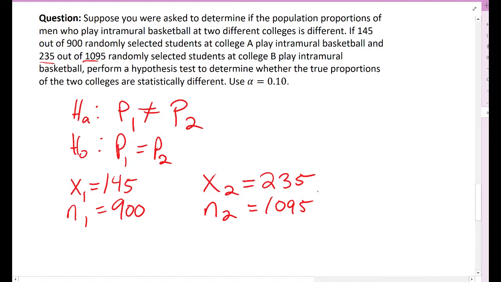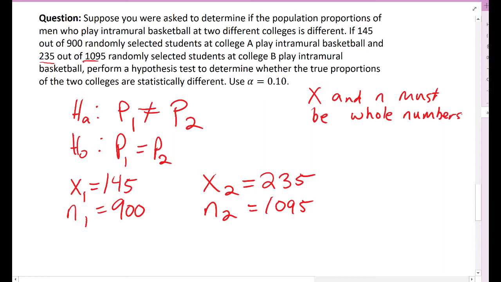Keep in mind, just like for the previous one-prop z-test, x and n must be whole numbers.